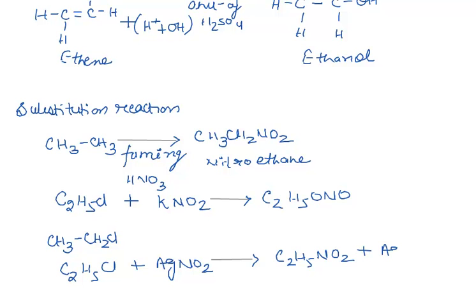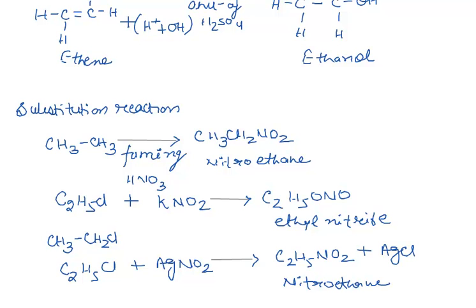And we will get AgCl. Now in this case, this is ethyl nitrite. Here nitroethane is also formed. It's a mixture actually, and this is what? Nitroethane.